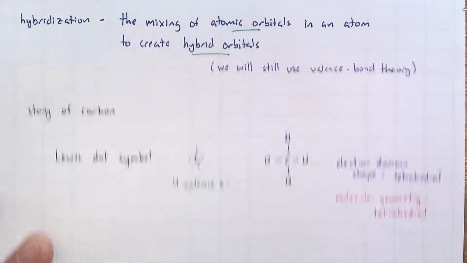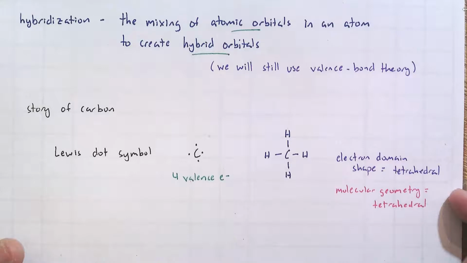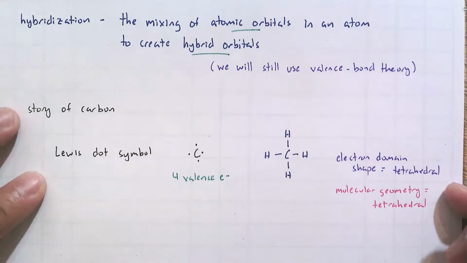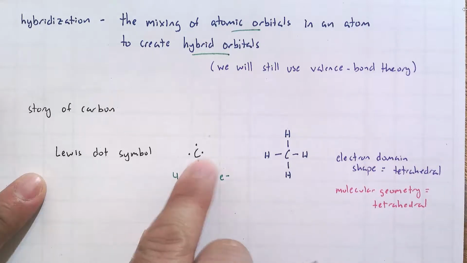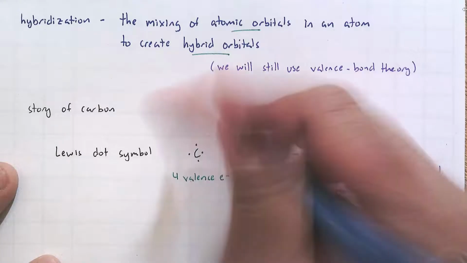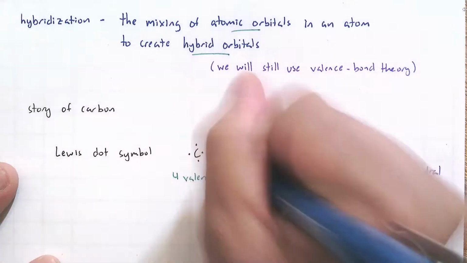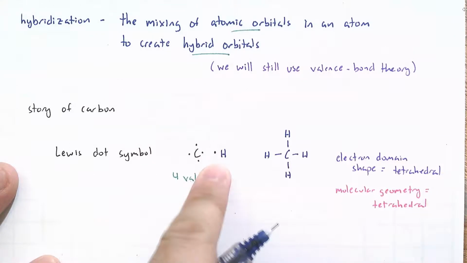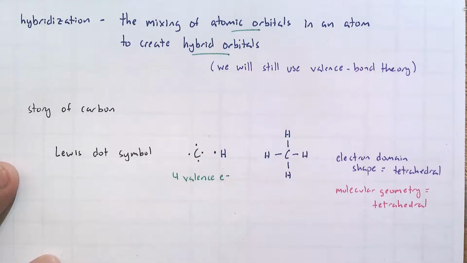So in this case, we're using Lewis structure theory, and the idea is that you have a single electron whose orbital is overlapping with an orbital from hydrogen, which also has its single electron, and we have 4 of those.